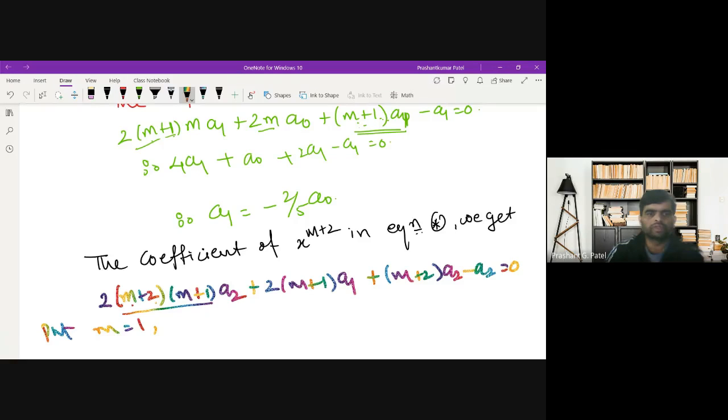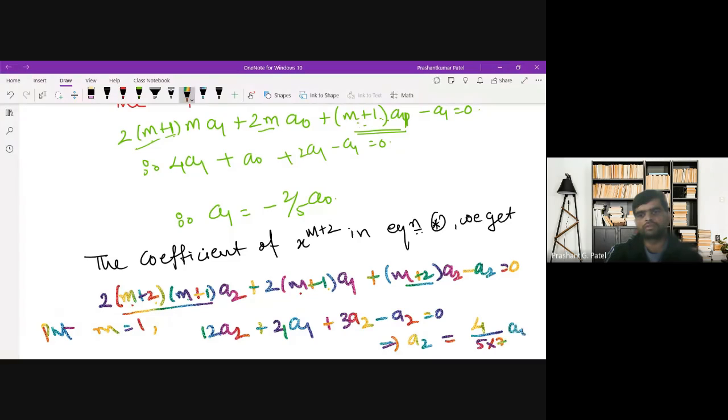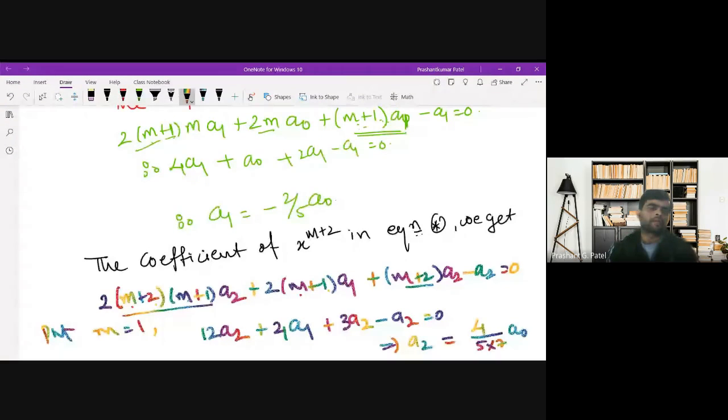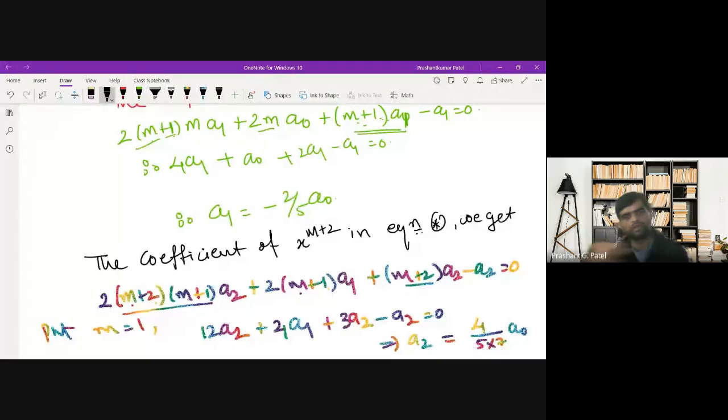This is 1 plus 2, that is 3, 1 plus 1, that is 2, that is 12 a2 plus 2 into 1 plus 1, that is 4 a1 plus 3 a2 minus a2 equal to 0. If you simplify further, a2 equals 4 upon 5 into 7 a0, and so on. If you compare the coefficient of x power m plus 2, you will have another expression in terms of a0.